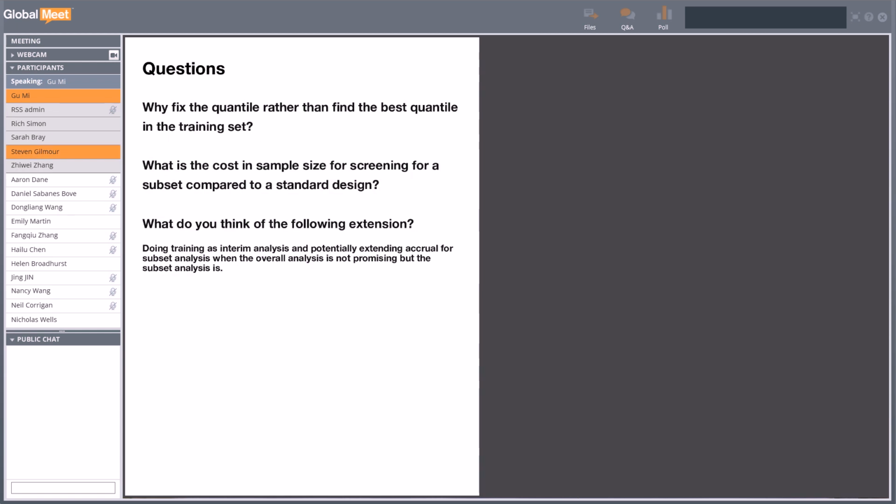For the second scenario, if we increase the marker positive and also include the all-comer, I would say that this is also a feasible approach, but we need to give more thought to the uncertainty in how we define promising for the training set, because we have a relatively small population to test for the subgroup effect.